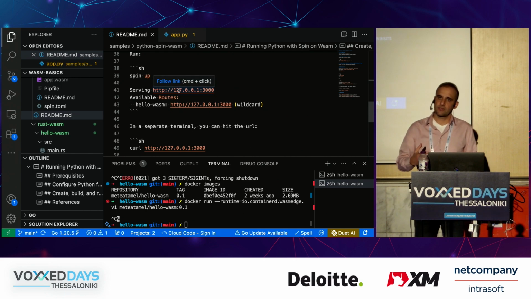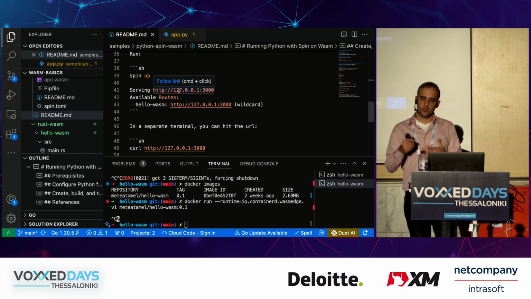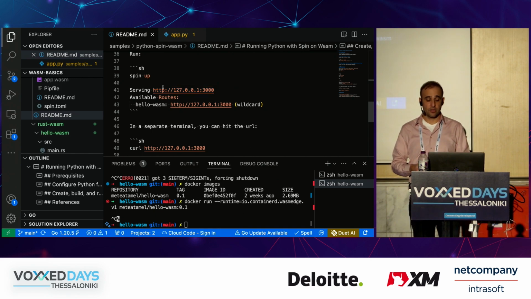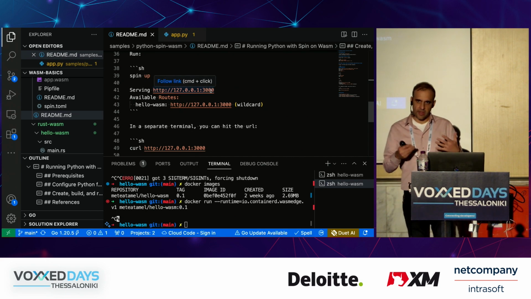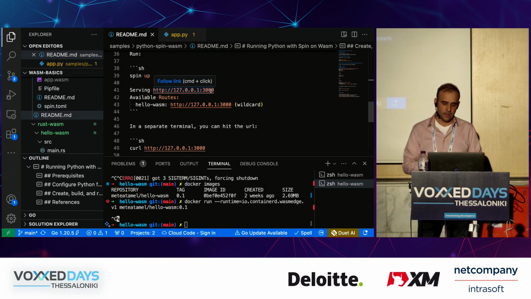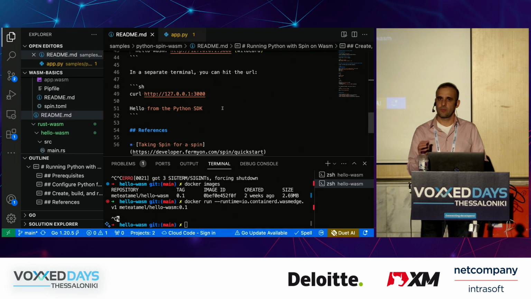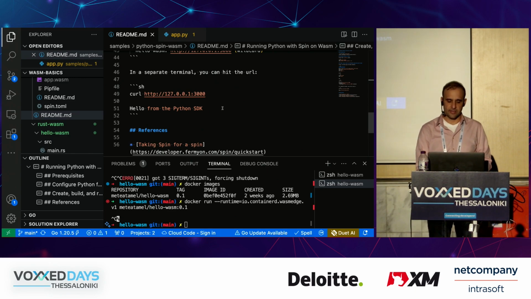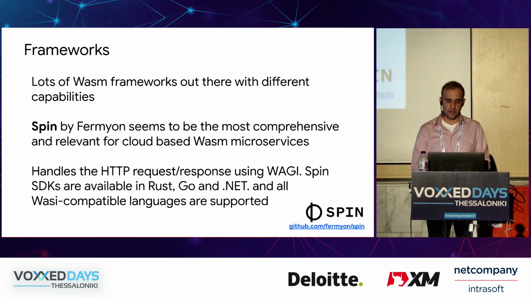Under the covers, Spin figures out what you need to compile that application, what you need to run it, and what you need for HTTP to be enabled. I think it uses WAGI, for example, under the covers, but you don't have to really care about it. The framework takes care of that for you, right? Then it would run, and you would be able to reach it, and it will respond. So it's a WebAssembly module with HTTP around it provided by Spin, right? It's a good place to get started with microservices and WebAssembly.